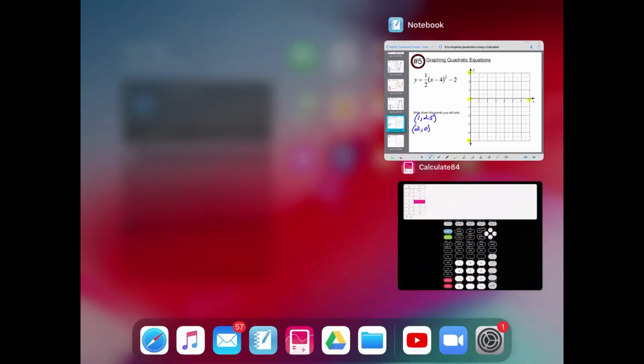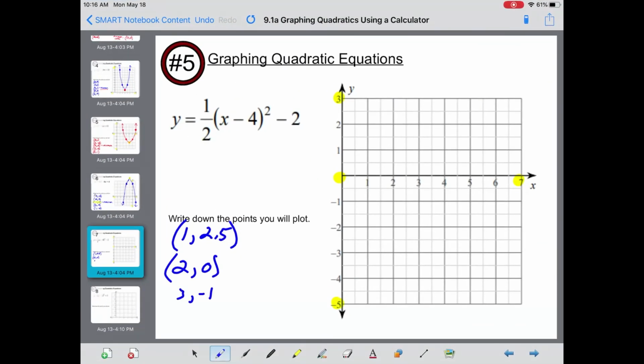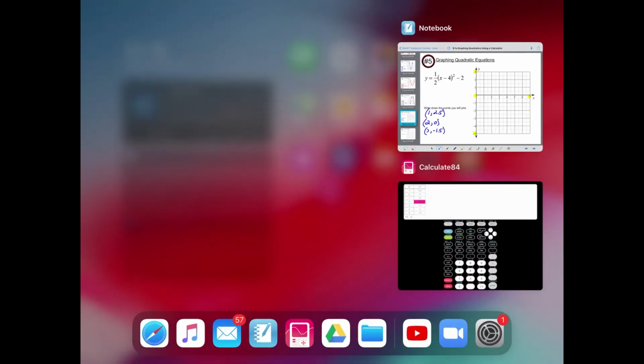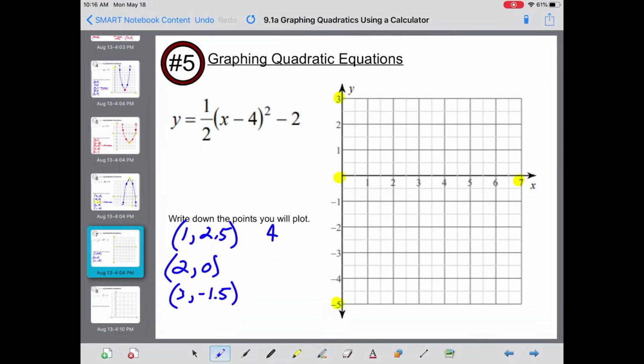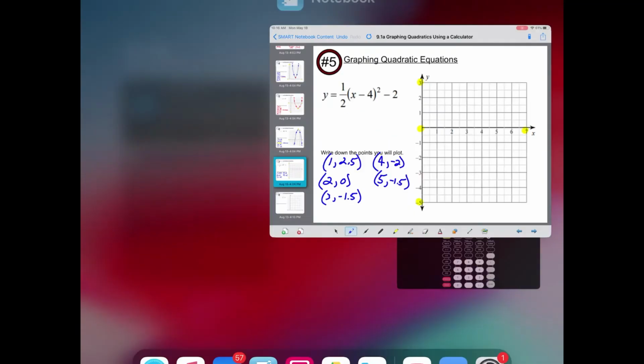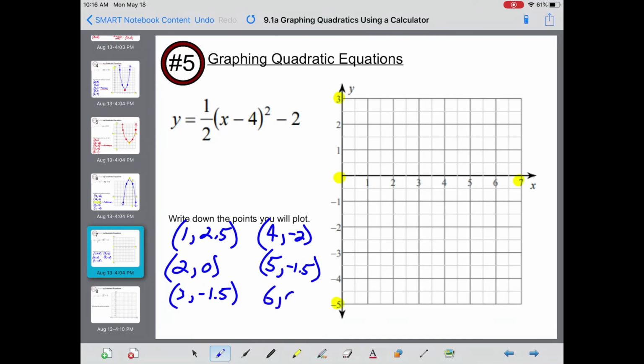1, 2.5. 2, 0. 3, -1.5. 4, -2, 5, -1.5, 6, 0, and 7, 2.5.